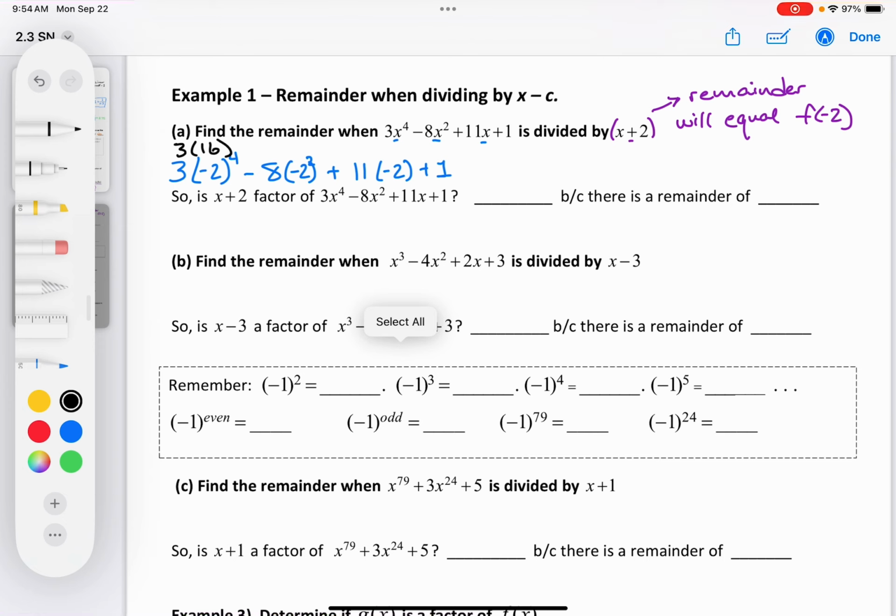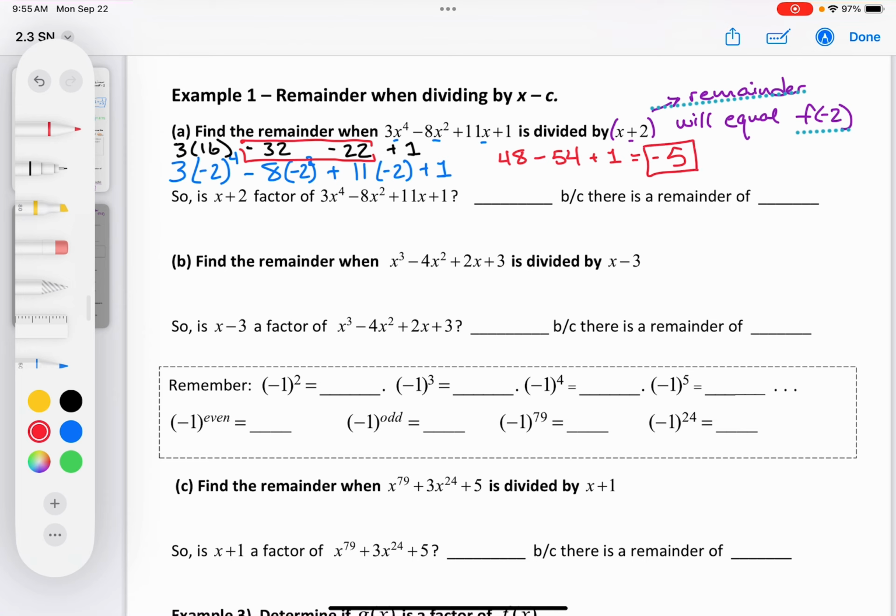Negative 2 squared is 4, times negative 8 is negative 32. 11 times negative 2 is going to give me minus 22, and then plus 1. So I've got 3 times 16 minus 32 minus 22 plus 1. So working that out again, 3 times 16 is 48. I'm subtracting 54, and then I'm adding 1. If you're wondering where the 54 came from, it's the negative 32 and the negative 22. So 48 minus 54 is negative 6, plus 1 is negative 5.